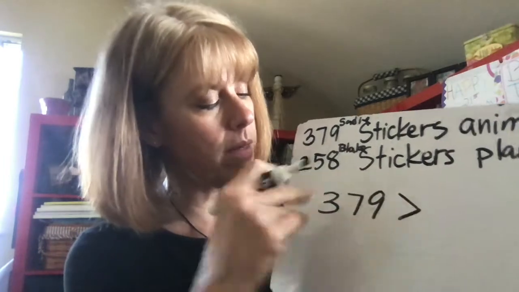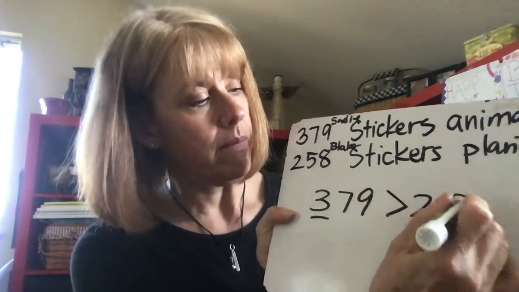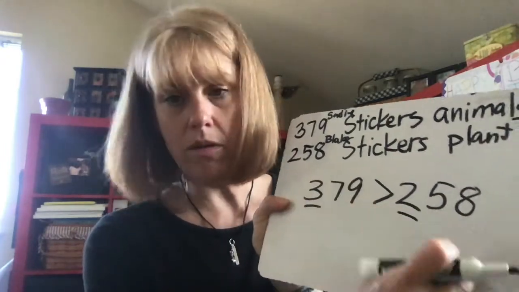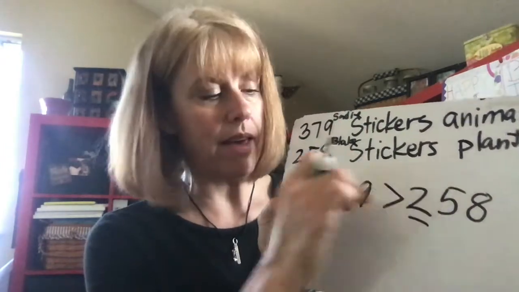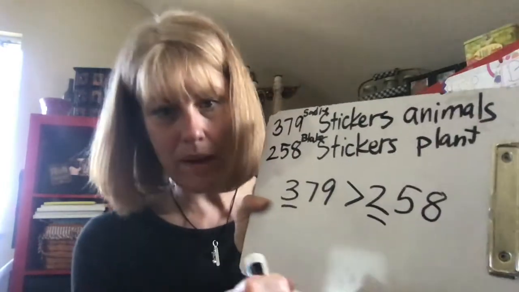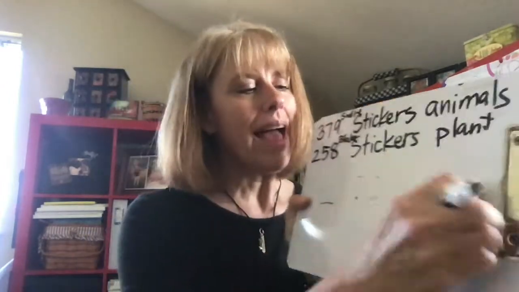And it worked the same way because I could look at my digit that's in the hundreds place and know that 3 is bigger than 2, right? Greater than. 379 greater than 258. The large side of the sign goes to the bigger number. The alligator eats the bigger number, okay? So far so good.